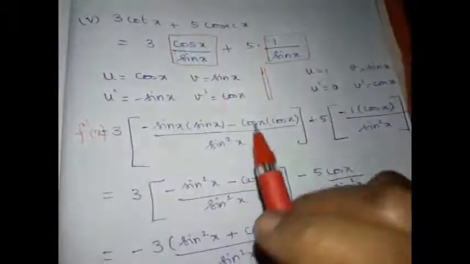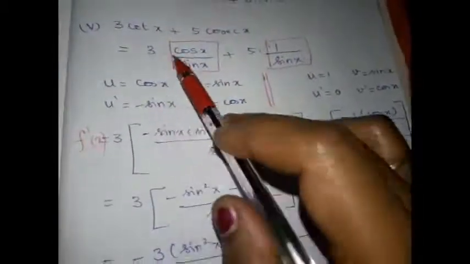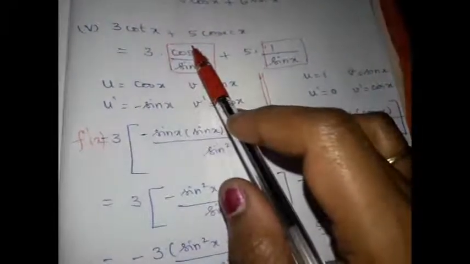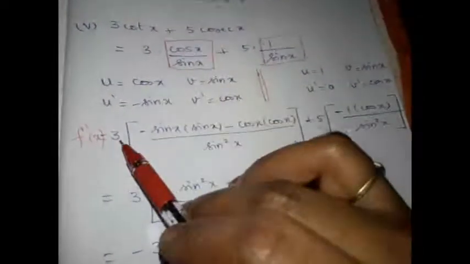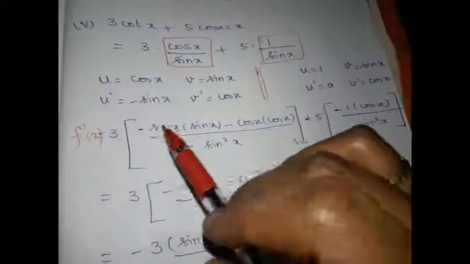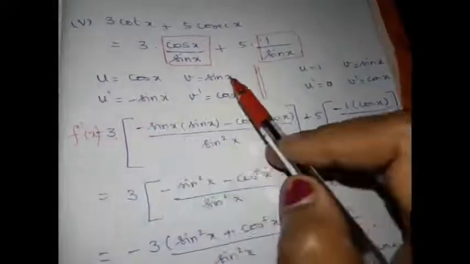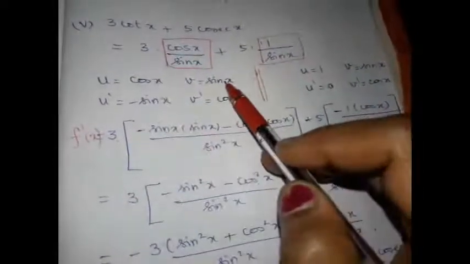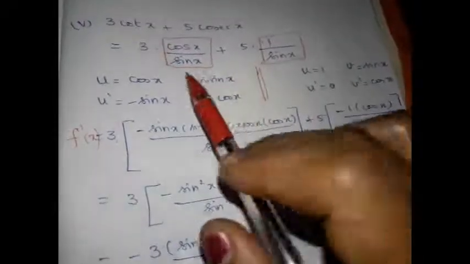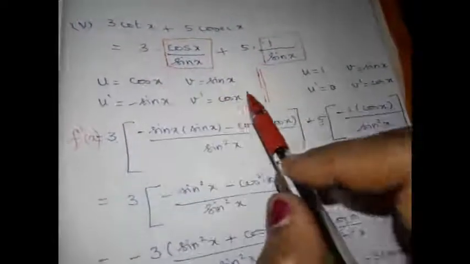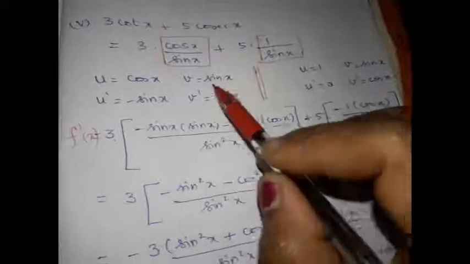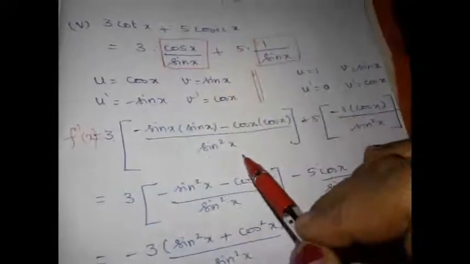Now what is f dash of x? F dash of x is, we are going to differentiate this using u by v rule, right? So 3 into, what is u by v rule? u dash v minus u v dash, that is minus sin x into sin x minus cos x into cos x, divided by v square, sin square x, right?